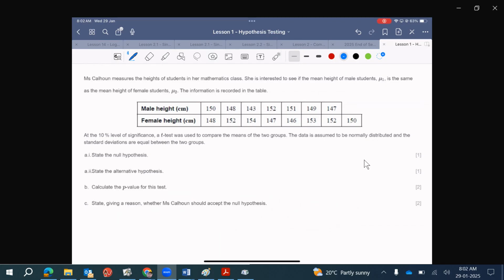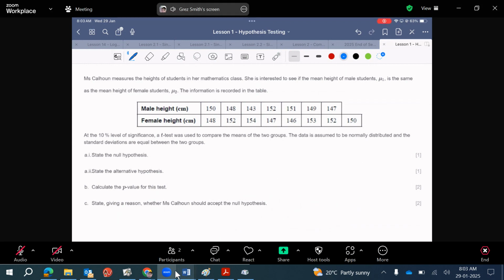The information is recorded in the table. At a 10% significance level, a t-test was used to compare the two groups. The data is assumed to be normally distributed, and the standard deviations are equal in both groups. State the null hypothesis. So have a go at stating the null and alternate hypotheses.